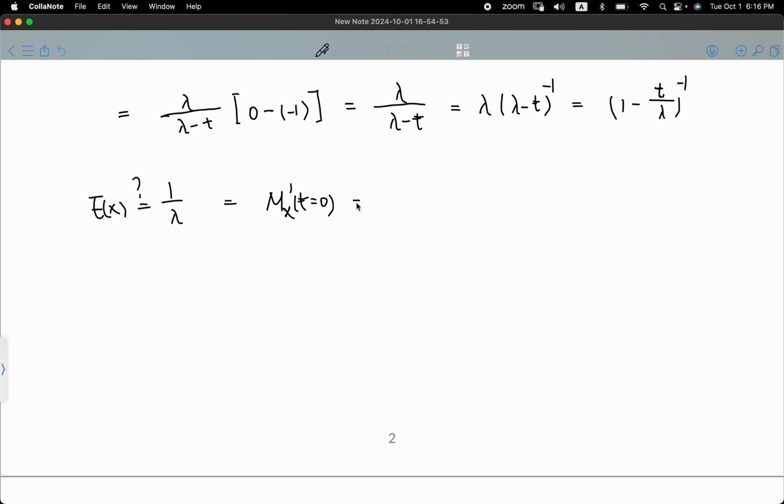Okay, so now we're going to take the derivative. What variable should we take the derivative with respect to here? T. Okay, so maybe we use this expression. When we take the derivative of this expression with respect to t, what do we get here?